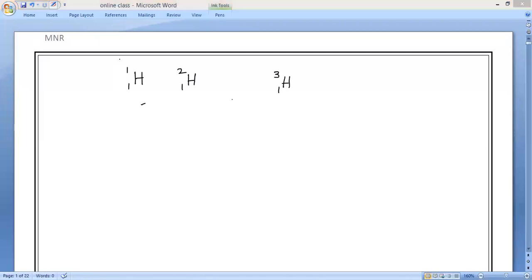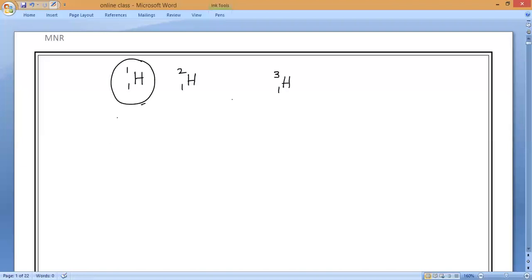So now if you notice the first isotope, what is the first isotope name of hydrogen? Protium. So it is called protium, or we can say simple hydrogen.